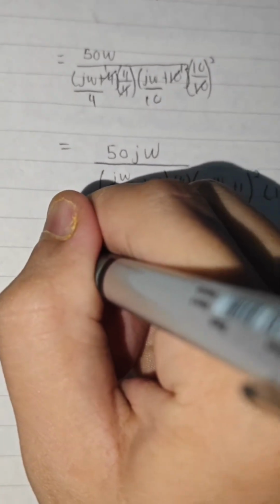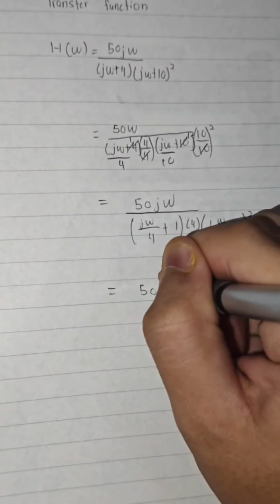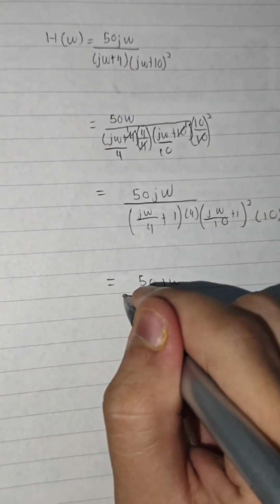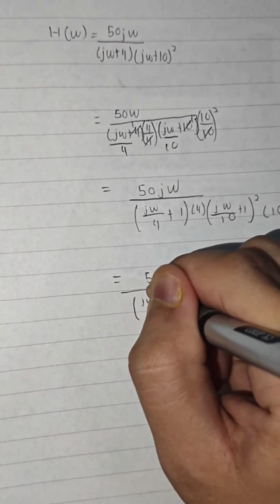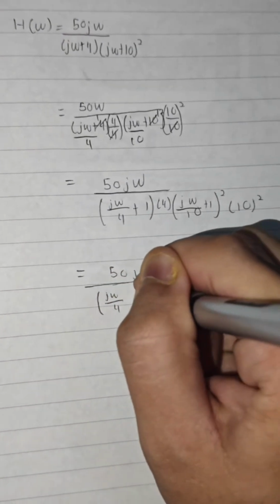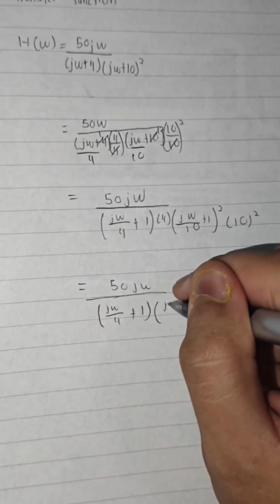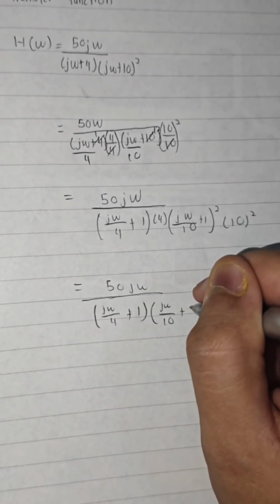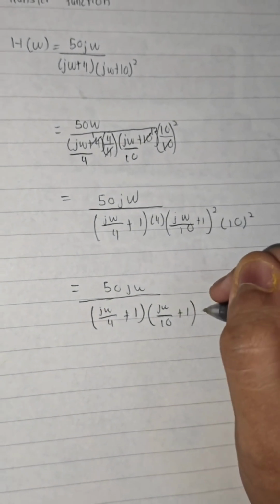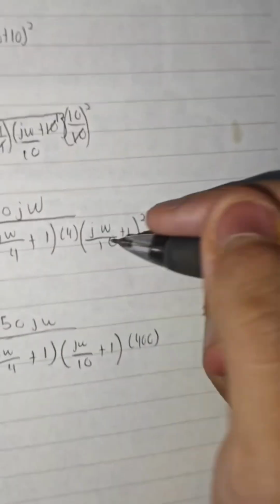So it will be j omega over 4 plus 1, and j omega over 10 plus 1, and 400, because we multiply by 10 to the power of 2, which equals 100.